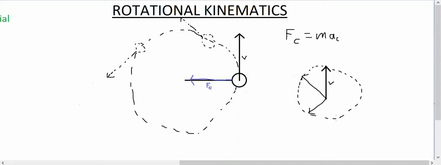So basically, this is a centripetal acceleration of force, right? So this is the centripetal acceleration. It's like this radius and the velocity vector, and compared to this and this, it's similar.